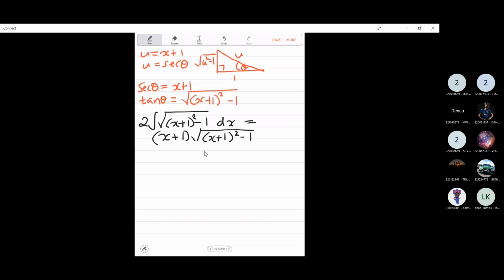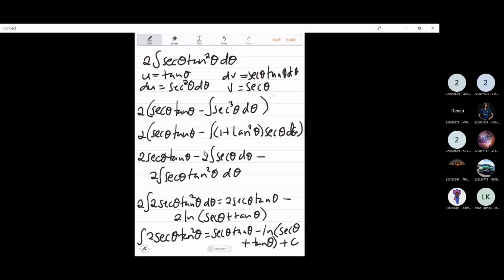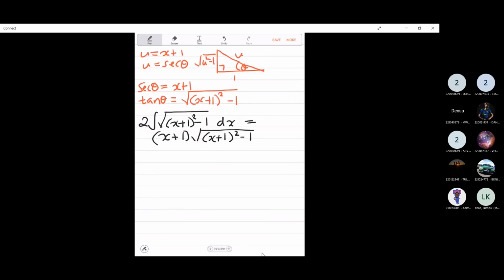And then the second one was ln of sec theta plus tan theta. So then minus ln of sec theta plus tan theta.